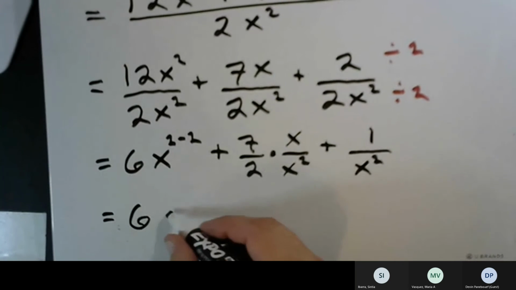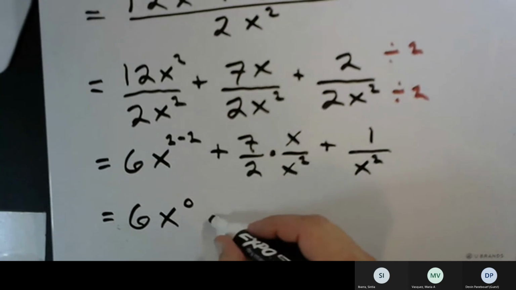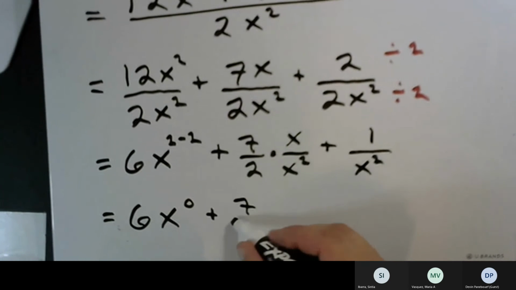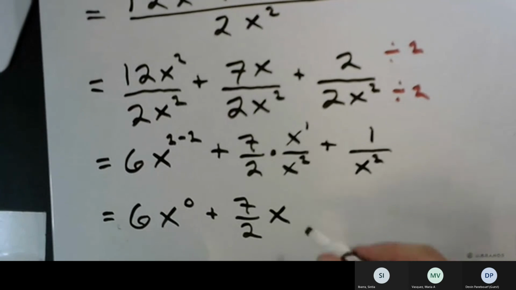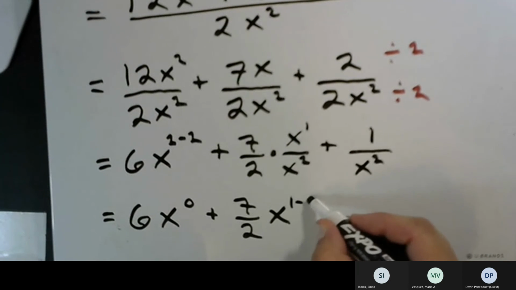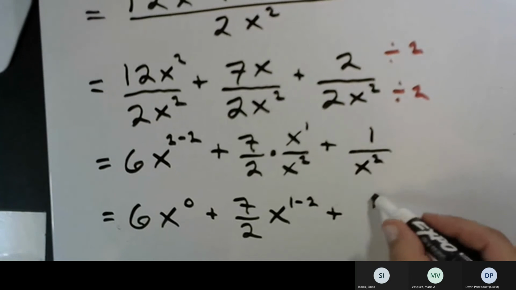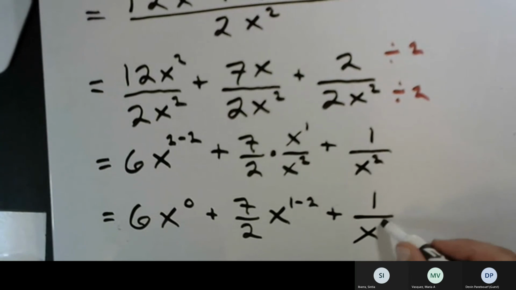So we get 6 x to the 0 plus 7 halves x to the, there's an invisible 1 there, 1 minus 2 plus, and this one's done, 1 over x squared.